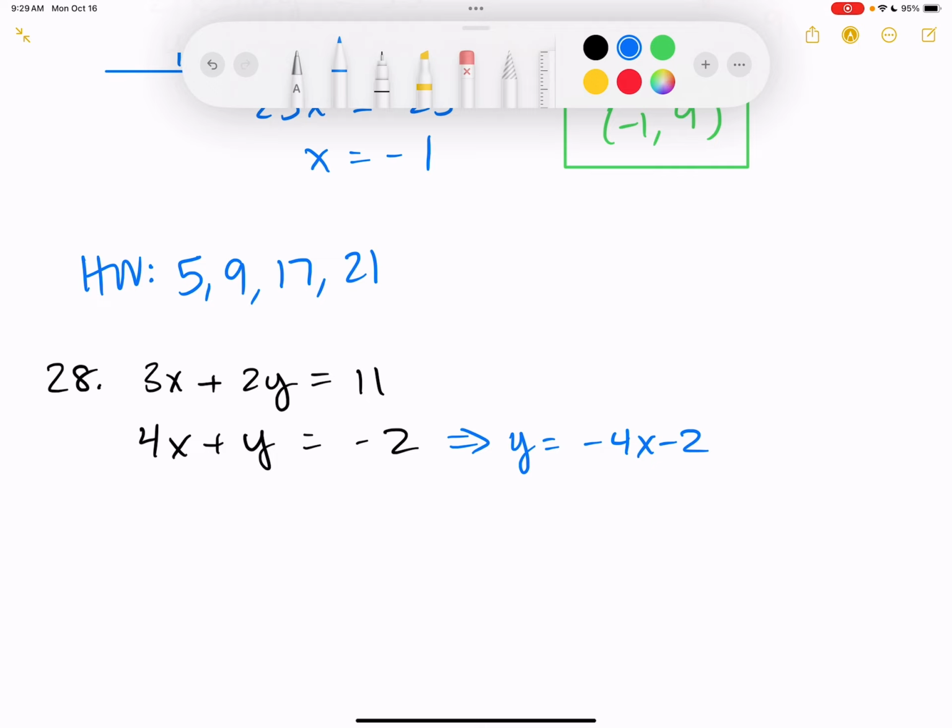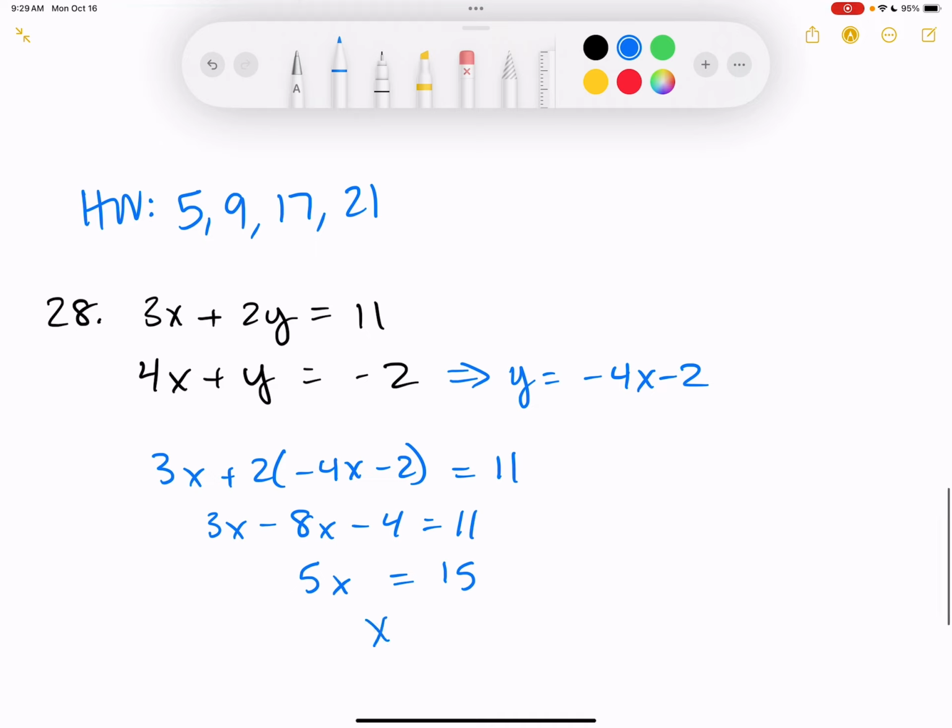So I'm plugging this in for y in the top one. So 3x plus 2 times negative 4x minus 2 equals 11. So 3x minus 8x minus 4 equals 11. And then 5x equals 15.